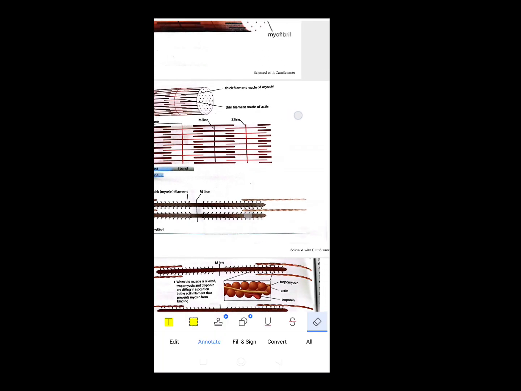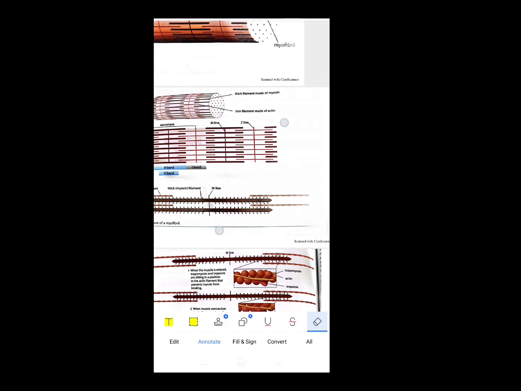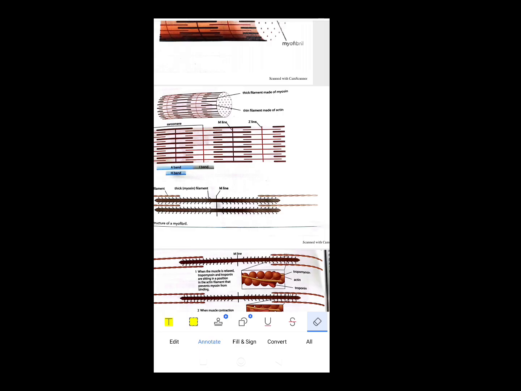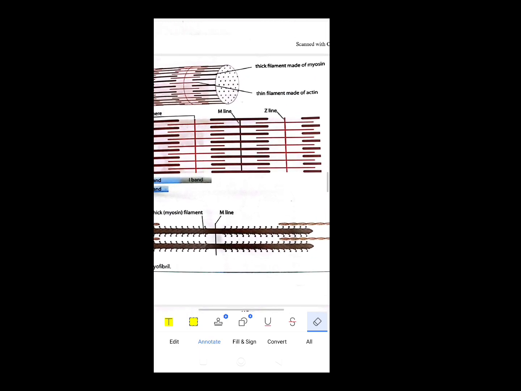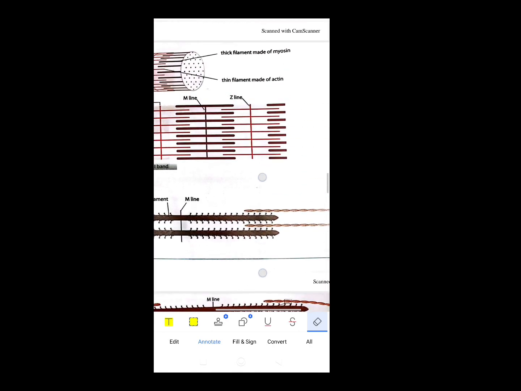Okay, now you can see there are some lines which are present. That is the M line and Z line. M line is actually holding the thick bands. These are holding the myosin proteins, myosin filaments, or thick bands. And what about the Z line? Z line is holding the thin filaments. You can see the thin filaments are held by the Z line.